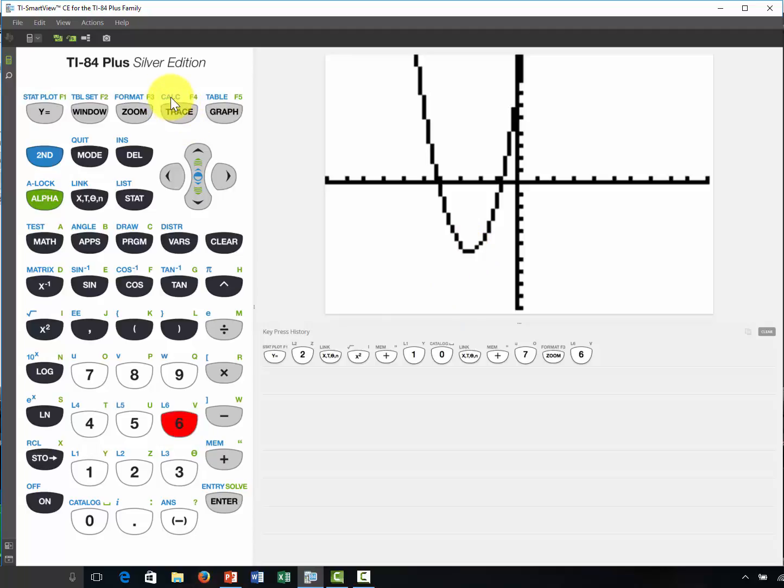I can again use the minimum feature. I know this is a minimum value because it looks like it, but also because this is a quadratic and the value of a is positive, it's a positive 2, so there's going to be a minimum point. When a is negative, we will have a maximum.